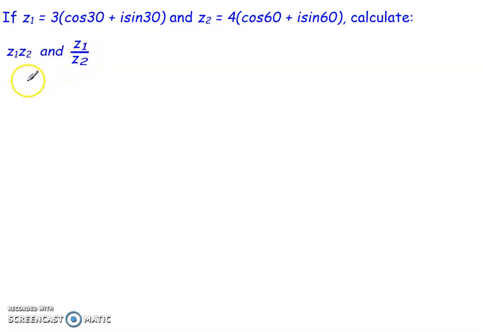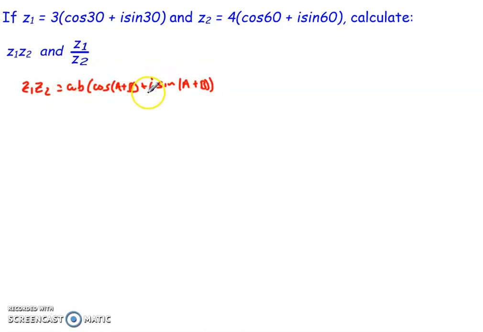This is where remembering those identities comes in handy. We know that z1 z2 is given by ab (cos of (A plus B) plus i times the sine of (A plus B)).